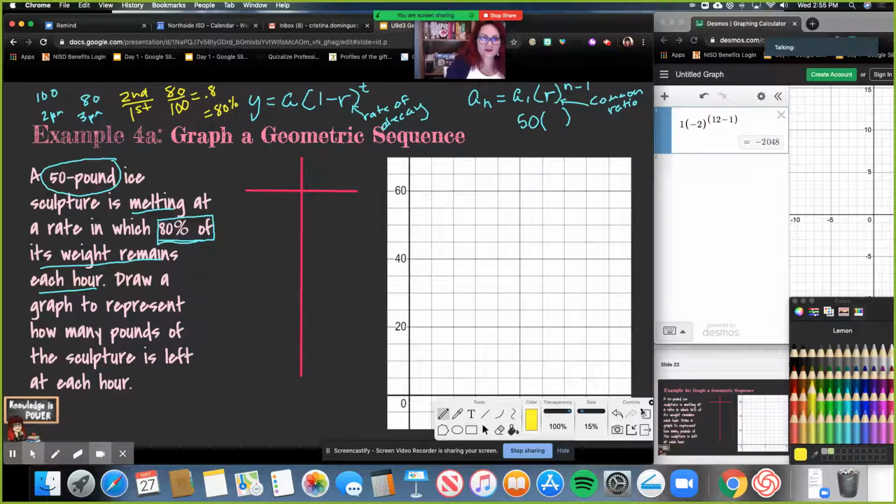Okay, so this is your common ratio. Now here's the deal. If I said, what is your rate of decay when you're multiplying everything by 0.8? Because that's what's going to be in here, 0.8. If these two are equal, right?